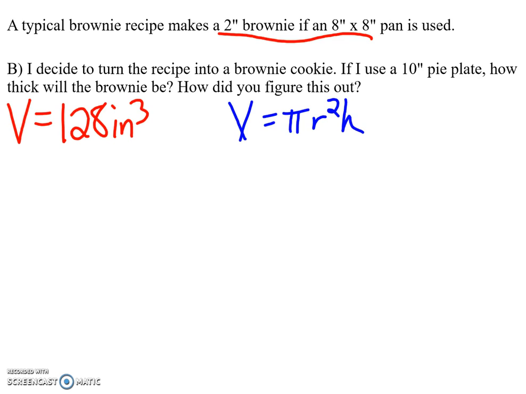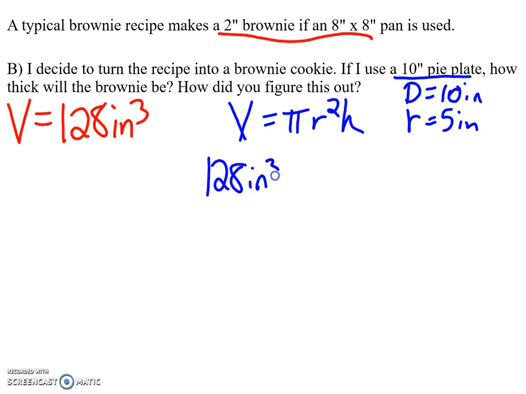Now, if I'm using a 10-inch pie plate, that means that my diameter is 10 inches, and that means my radius is 5 inches. So when I put this together, I have 128 cubic inches equals 5 squared pi times h.